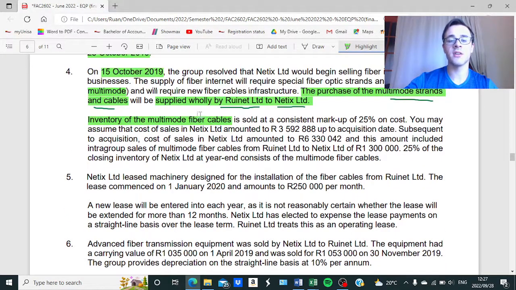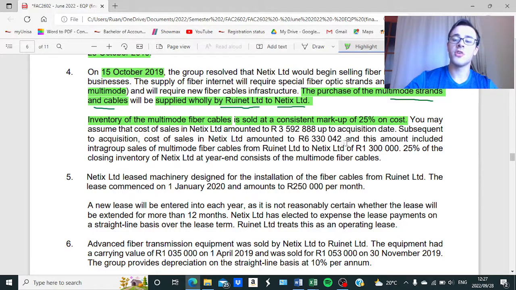So you would have made the conclusion that the multi-mode fiber cables are sold intra-group and therefore will include unrealized profit. Okay, but let's read our information very carefully. The inventory of the multi-mode fiber cables is sold at a consistent markup of 25% on cost. Okay, so that is the percentage profit made on the cost.